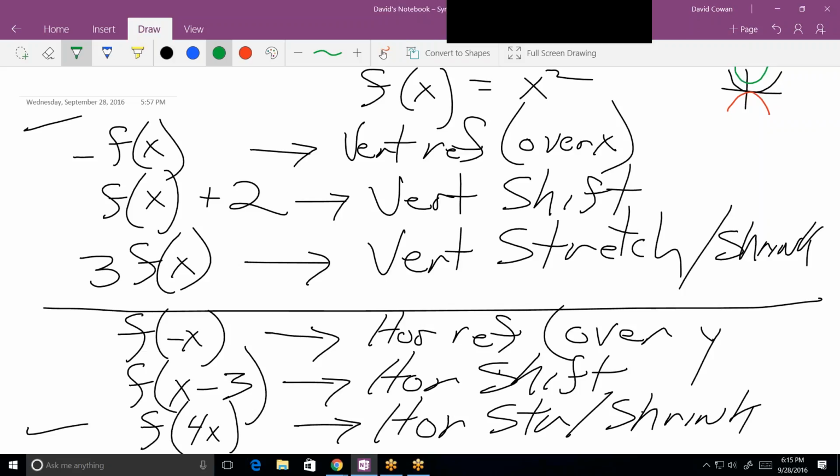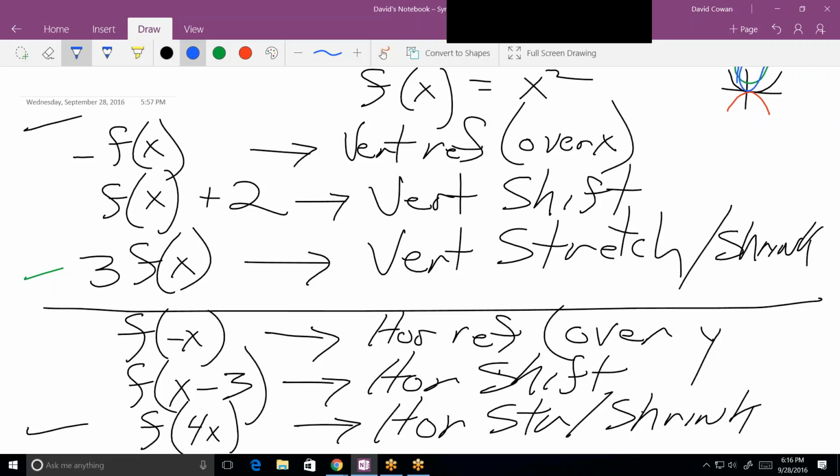Now let's take the third one, 3 times f of x. Well, that's a vertical stretch, and a stretch does change the shape of this thing. It narrows it. It makes it look like this. It makes that parabola skinnier by a factor of 3.